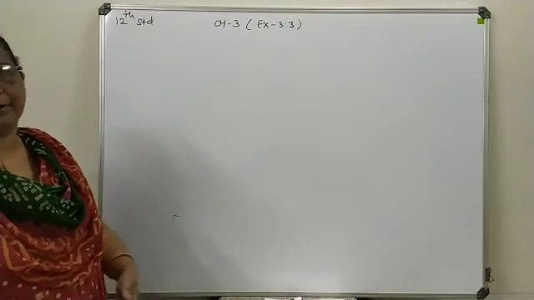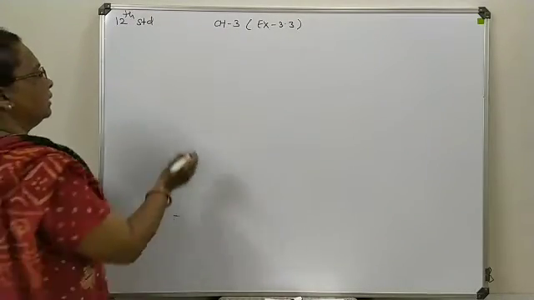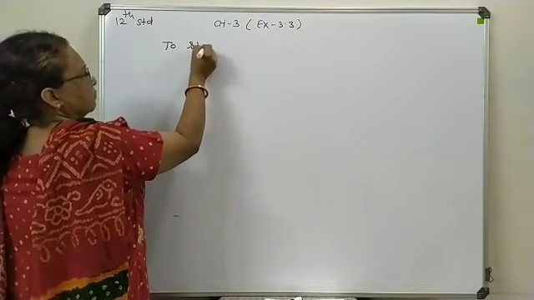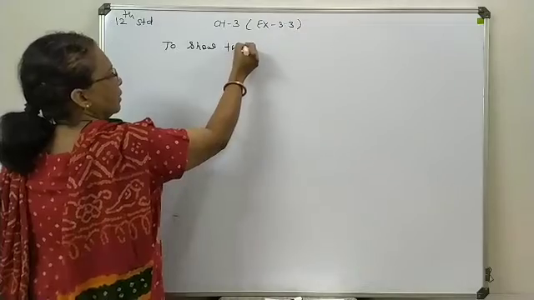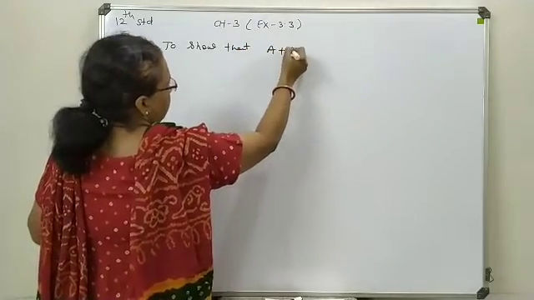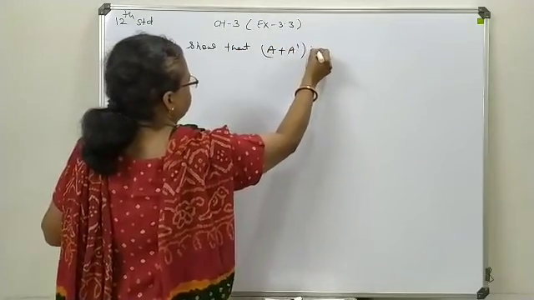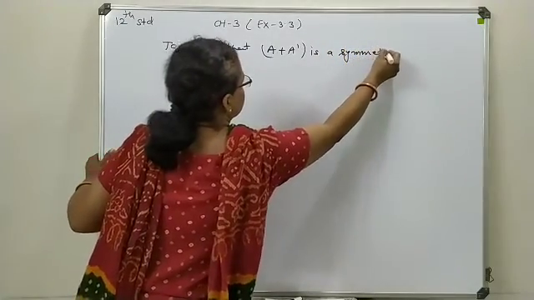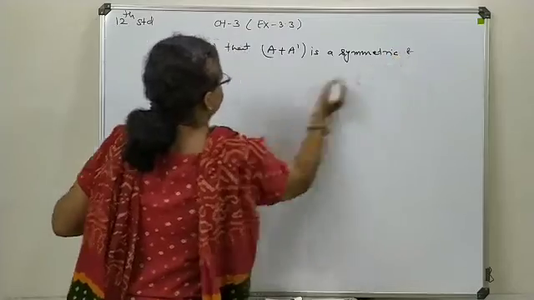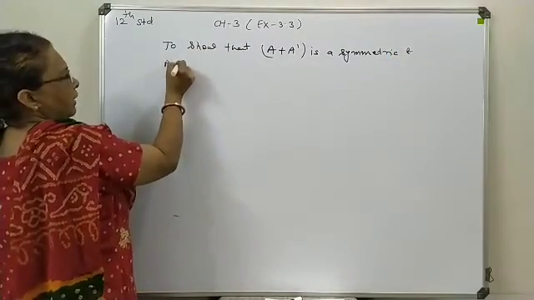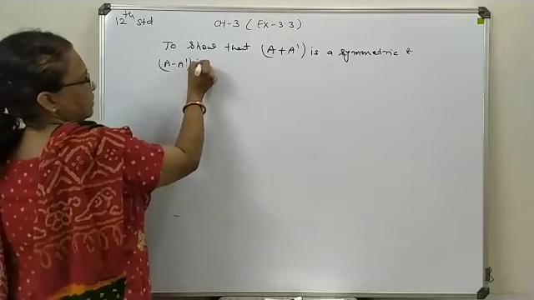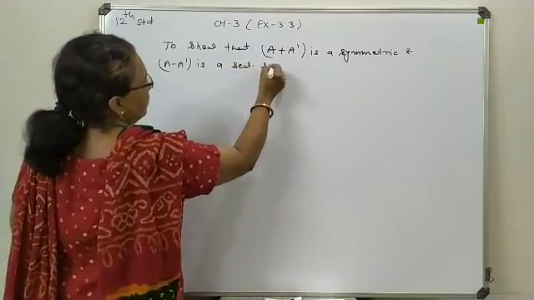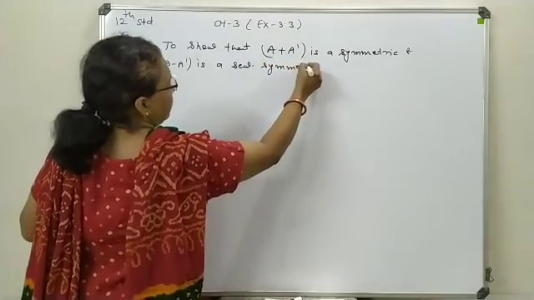We have a theorem in which we have to show that A plus A transpose is a symmetric matrix and A minus A transpose is a skew symmetric matrix.